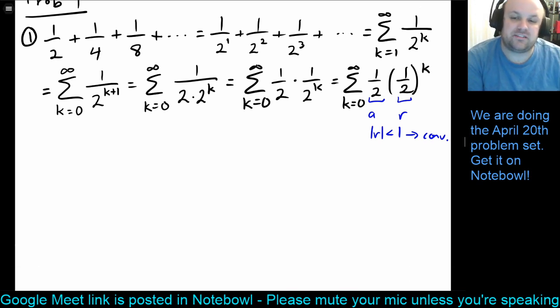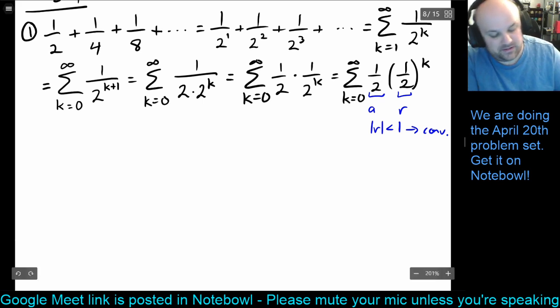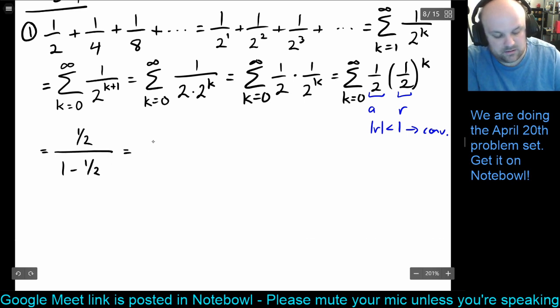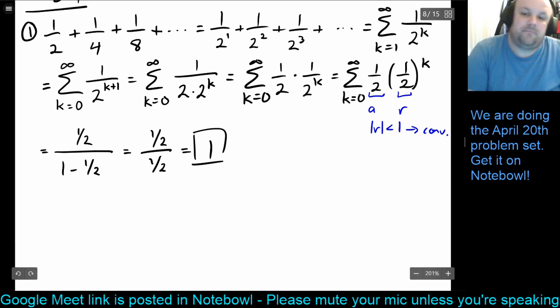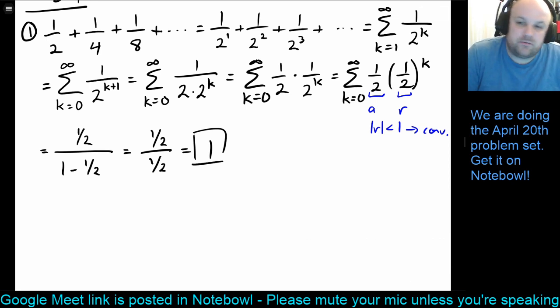Remember, a geometric series converges to a over 1 minus r. It's this sort of scalar term over 1 minus the ratio. So this is going to be 1/2 over 1 minus 1/2. Is 1/2 over 1/2? 1. Okay. The series converges to 1.